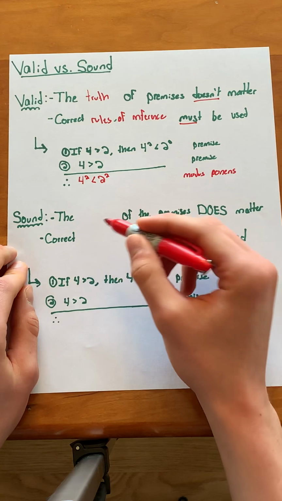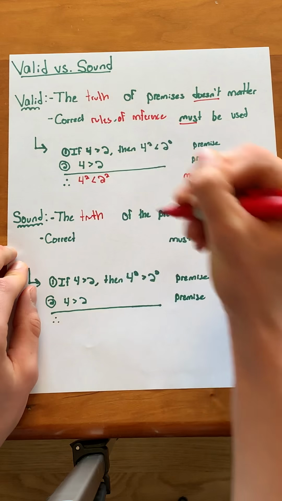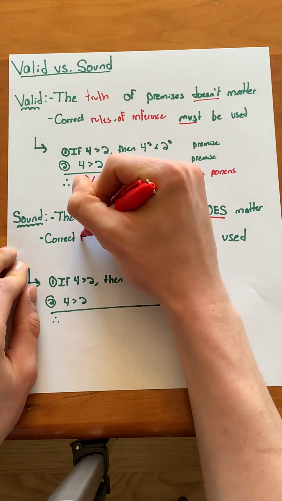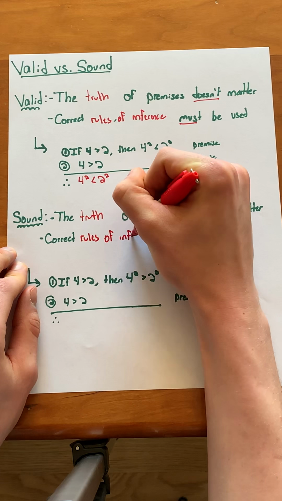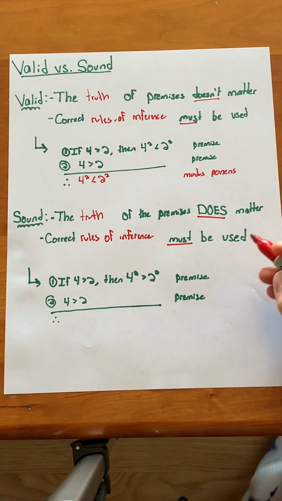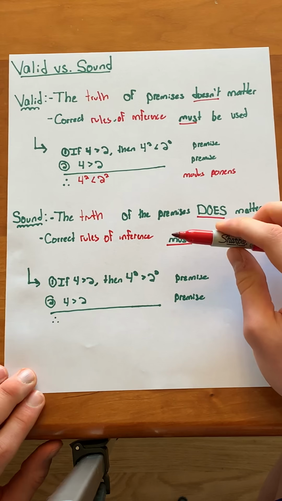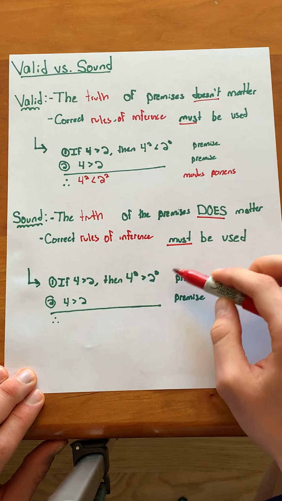In a sound argument, on the other hand, the truth of the premises does matter. And again, correct rules of inference must be used. So we can change our above example around a little bit. Suppose we're given if 4 is greater than 2, then 4 squared is greater than 2 squared.